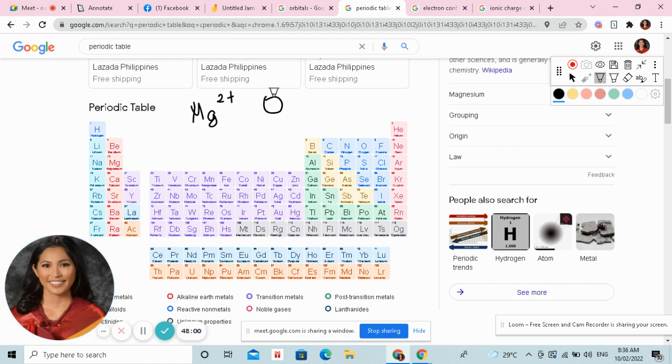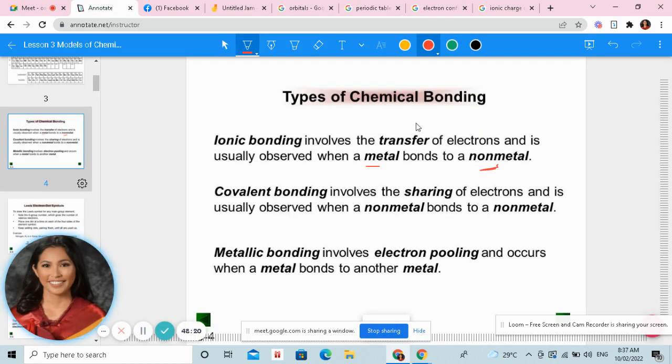Then we have oxygen, which is also 2 minus. So cross multiply, we have MgO. Okay, so the bond that is involved in MgO is ionic bonding because first it's metal and then we have non-metal.